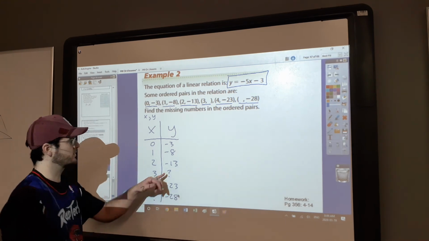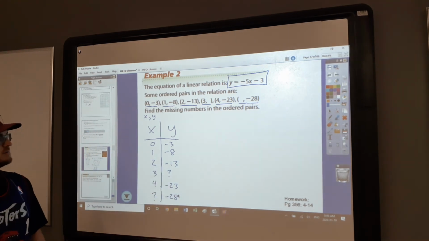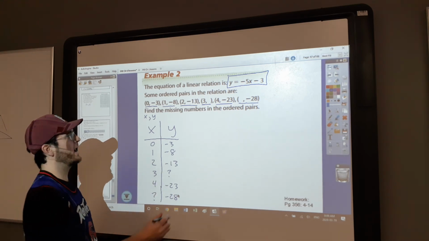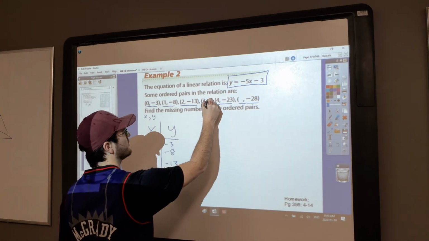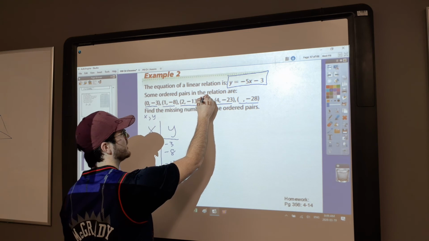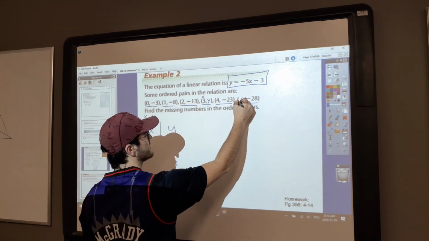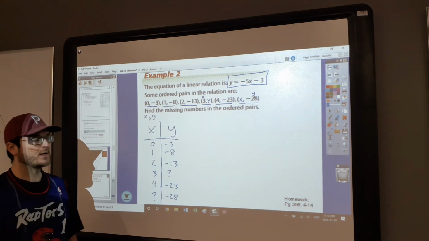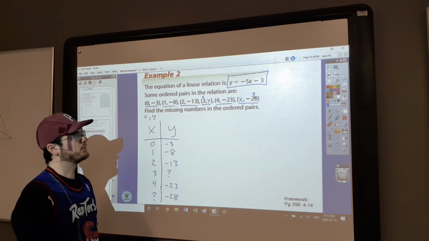So you might already start to be able to say, oh, okay, I can actually figure out what this one's going to be and what this one's going to be. But really what they're actually asking is, what is the y value when x is 3? And here they're asking for what's the x value when y is -28. And so if we have the equation, we can actually plug it in. So I'll do it that way.